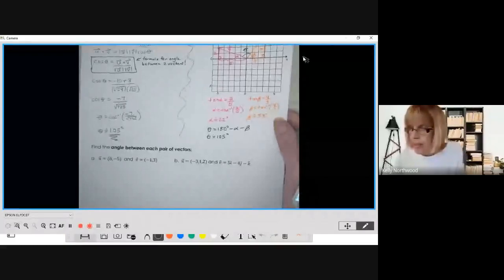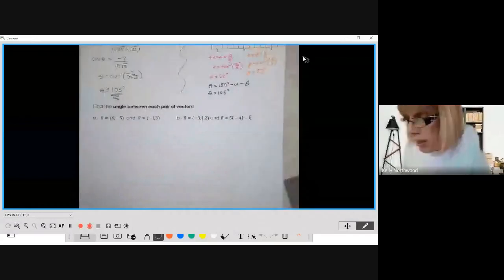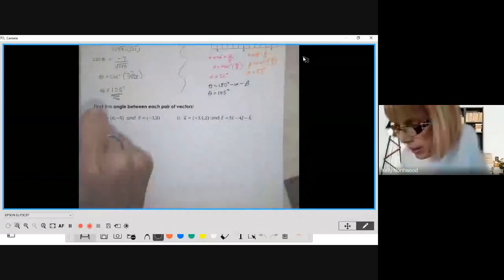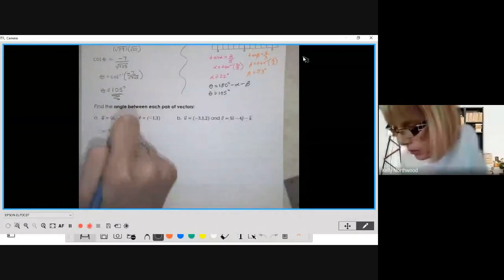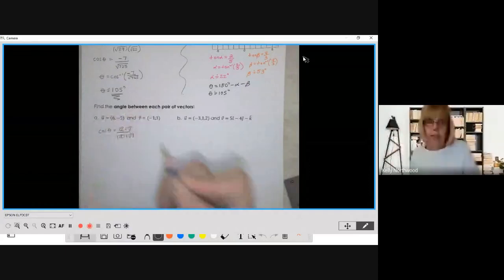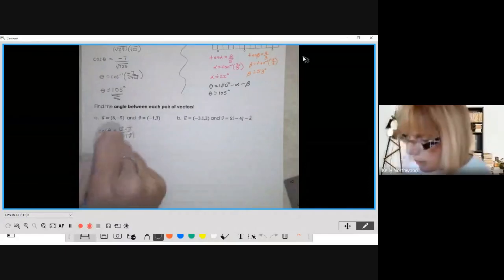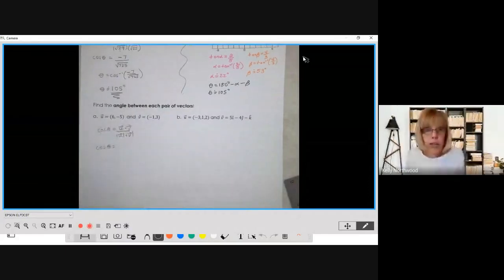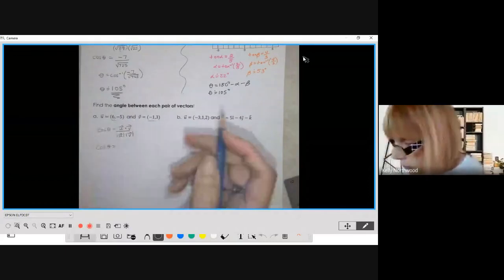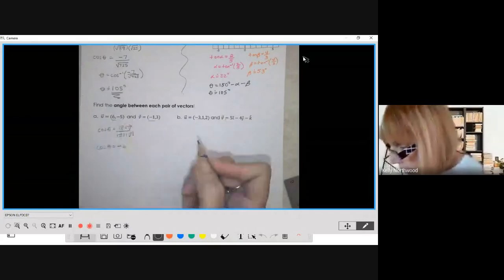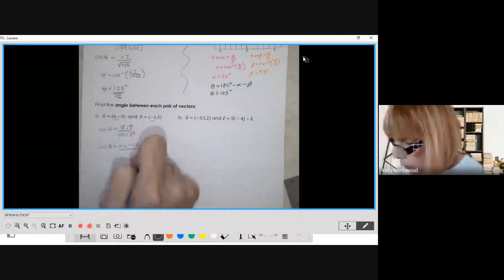So our next question says, find the angle between each pair of vectors. I would start off saying cos theta is going to be u dot v over the magnitude of vector u times the magnitude of vector v. Then I'm going to do the dot product in the numerator, so I know that's multiply and add. 6 times -1 is -6, plus -5 times 3, which is -15, over the magnitude of vector u.